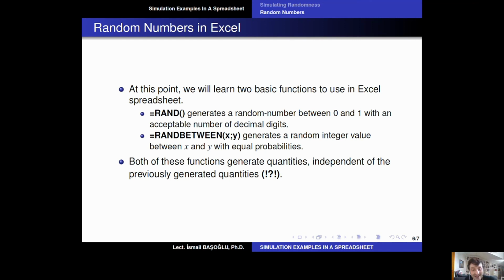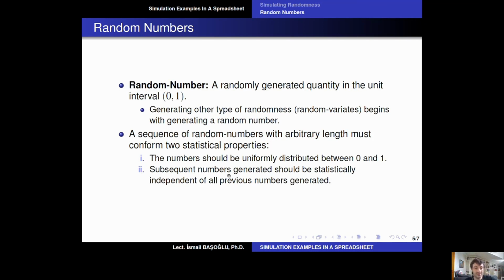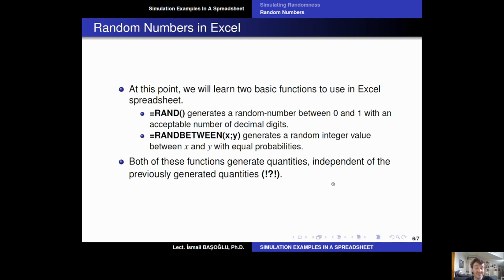Actually they are not independent, but they seem to be statistically independent, and that is just enough for us. As you can see, the second property, that subsequently generated numbers should be statistically independent of all previous numbers, is satisfied in appearance. Statistical independence is just enough for us to use the randomness, assuming that they are independent.